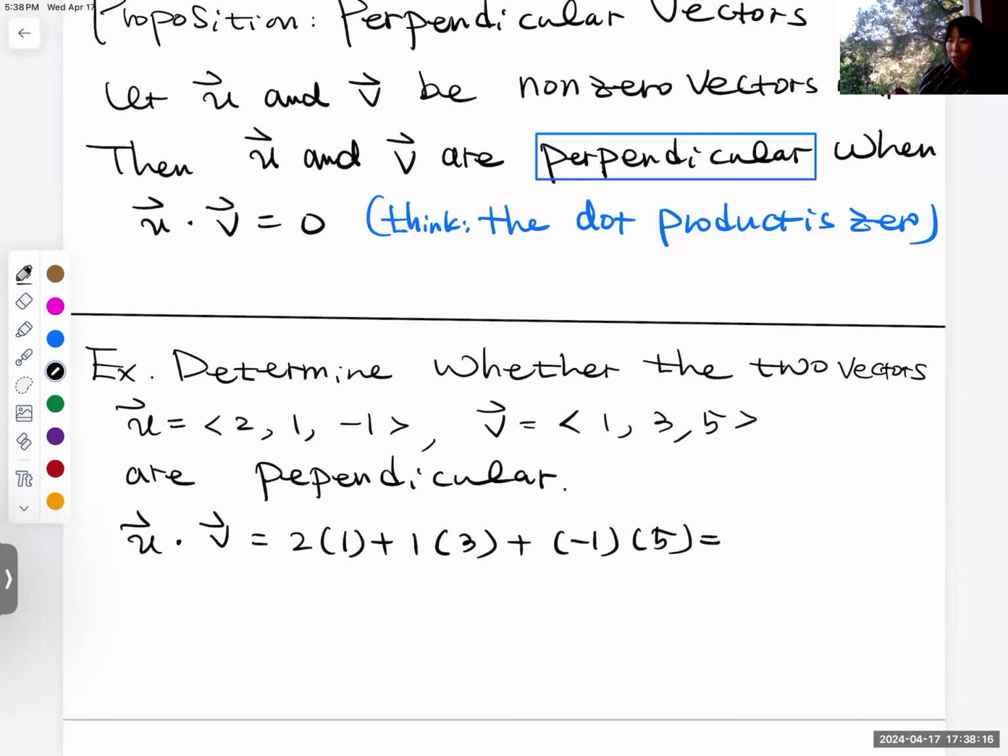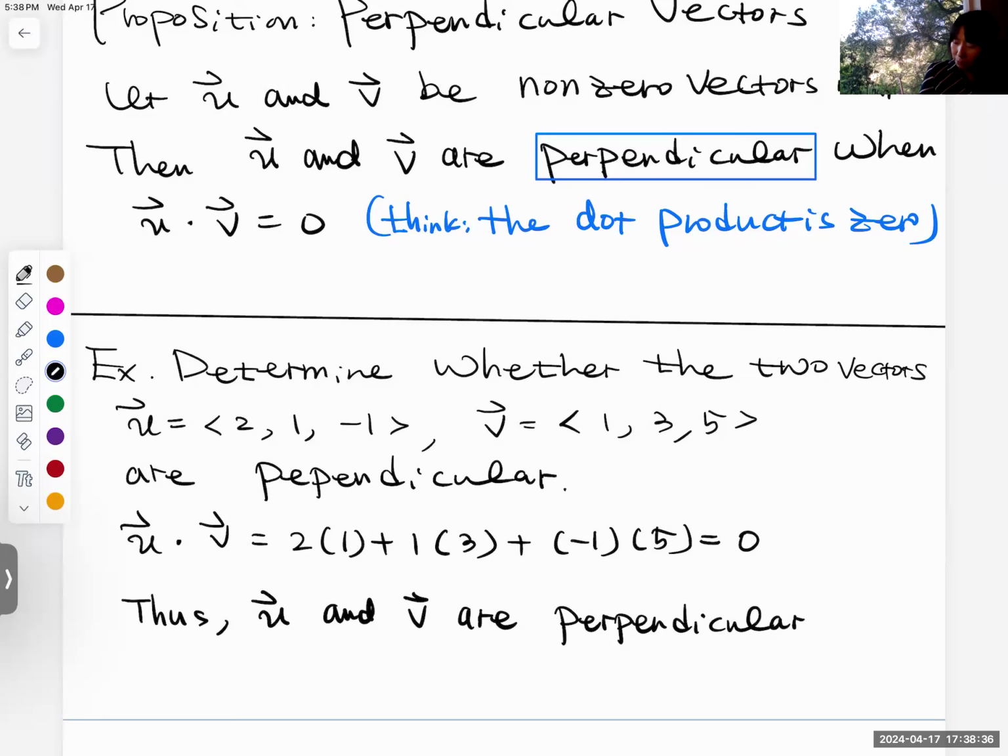Can you please calculate? Yeah, she already confirmed, right? So it's 0. Thus vector U and vector V are orthogonal, perpendicular. Very good. Thank you so much for participating.